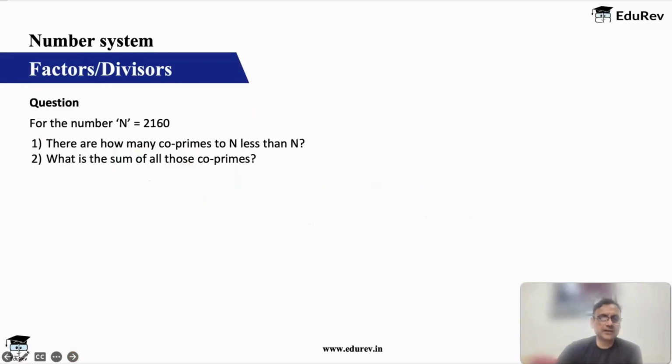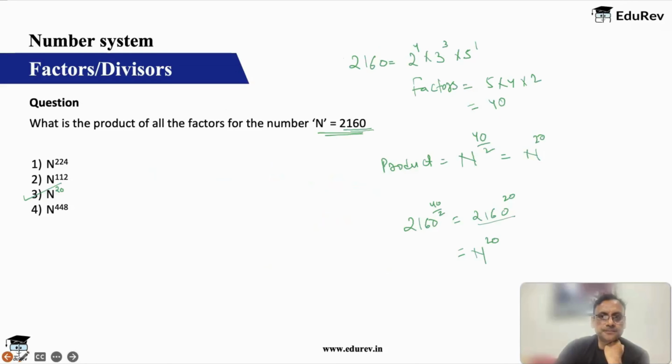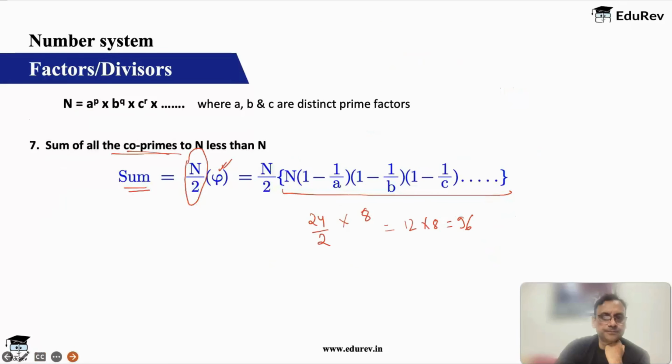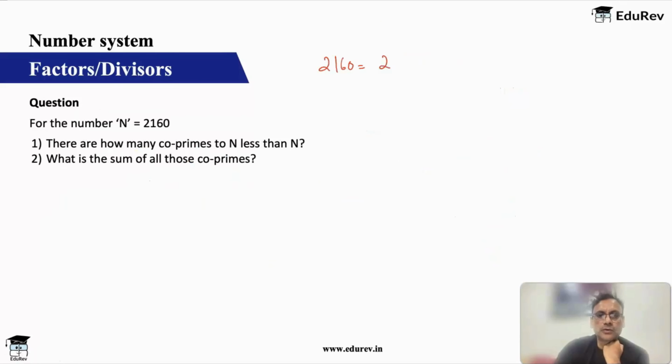Okay, let's see here. For the number 2160, so again we have 2160, which was 2 to the power 4 into 3 to the power 3 into 5 to the power 1. How many coprimes are there less than n?